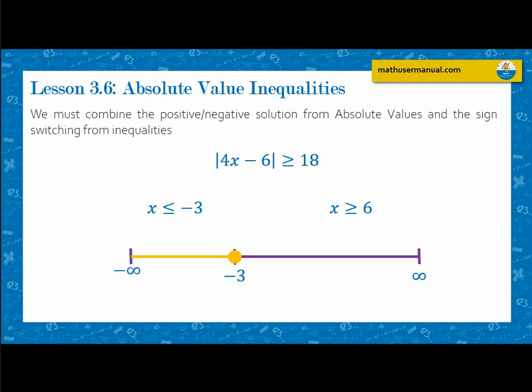Now let's focus on the right inequality, x is greater or equal than positive 6. Let's locate positive 6 in our number line. We do have the little line on the bottom, which represents that x can be equal to 6. So we include 6 in our solutions. And then x is on the open side of the sign, meaning x is greater than 6.